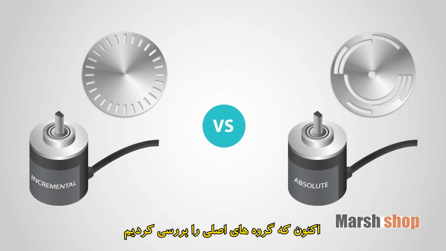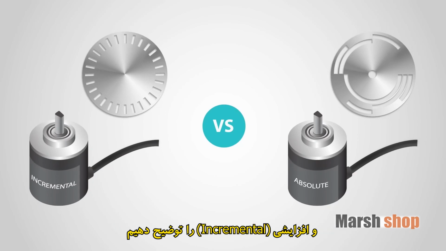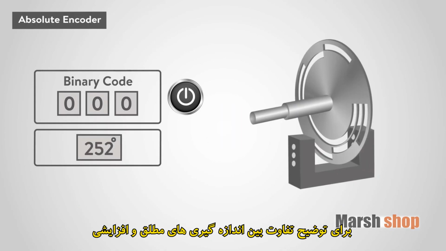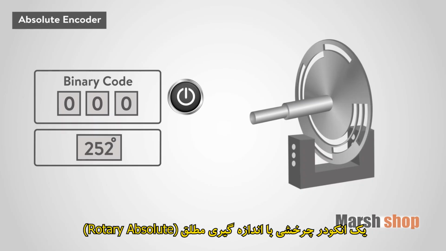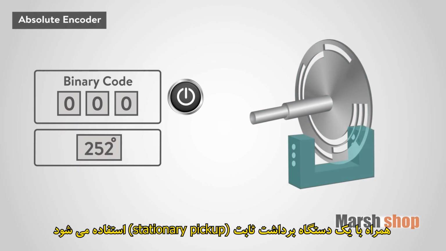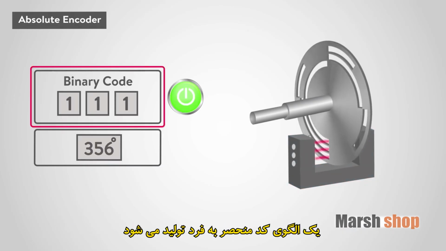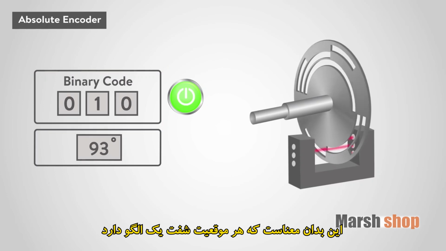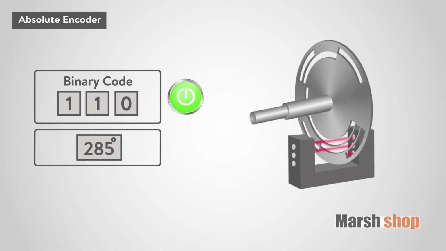Now that we have broken down the main groups, let's discuss the difference between absolute and incremental measurements. To discuss the difference, we will use the rotary encoder type as an example. In a rotary absolute measurement type encoder, a slotted disc on a shaft is used in conjunction with a stationary pickup device. When the shaft rotates, a unique code pattern is produced. This means that each position of the shaft has a pattern, and this pattern is used to determine the exact position.